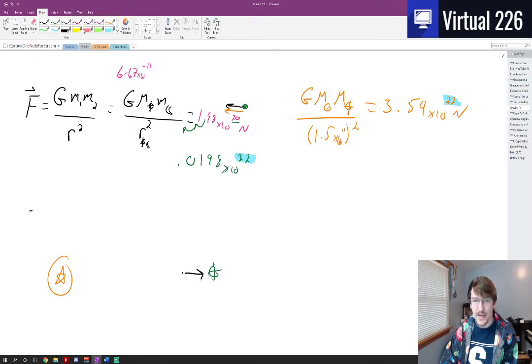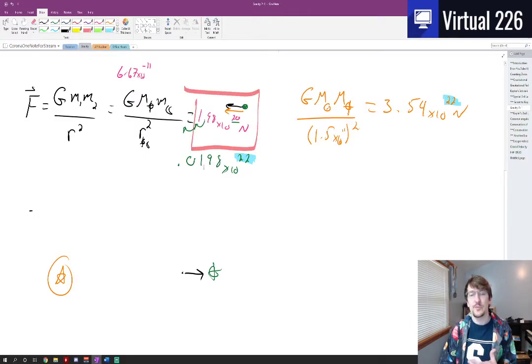It is still going to have this 1.98 times 10 to the 20th, because this force must be equal and opposite in both directions. The Earth pulling on the moon and the moon pulling on the Earth are equal.